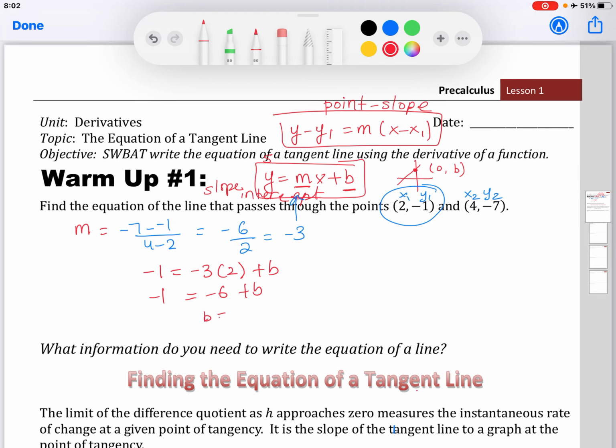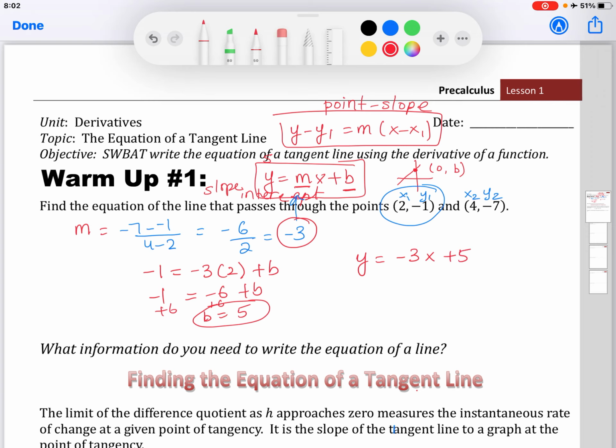So b would be what? Add 6 on both sides. I get b equals 5. So you have b equals 5 and the slope equals -3. So the equation of the line would be y equals -3x plus 5, right?